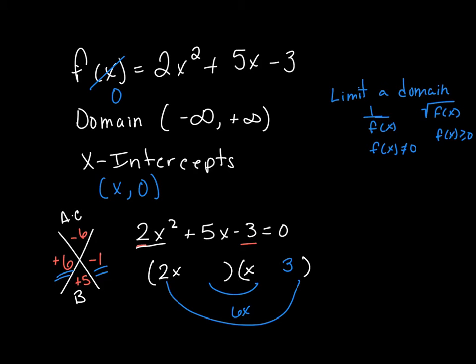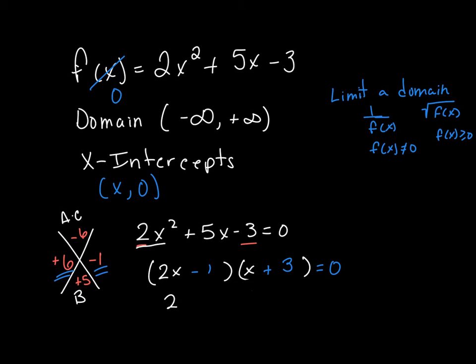For my inside term, x times what has to equal the piece that we don't have yet, which is the negative 1. So that has to be a negative 1. That gives me my inside term of a negative 1x. Put my positive there, and now this is all factored.